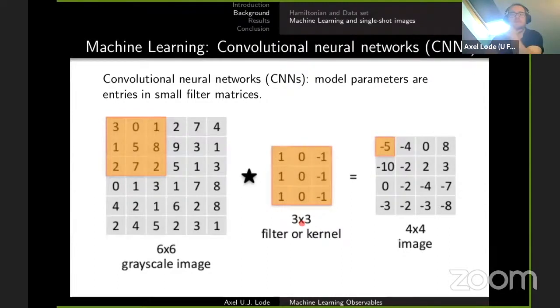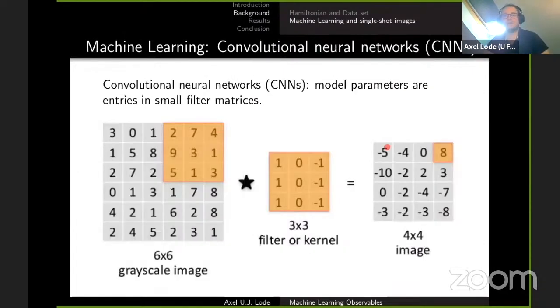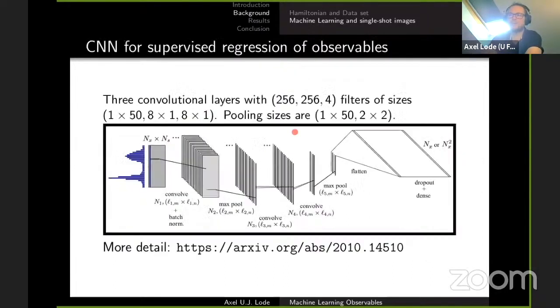I apply the filter on the first patch on the top left. By forming the convolutional product, I get this entry, and then I continue and get all the entries of my output image.